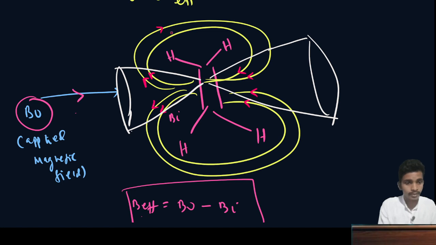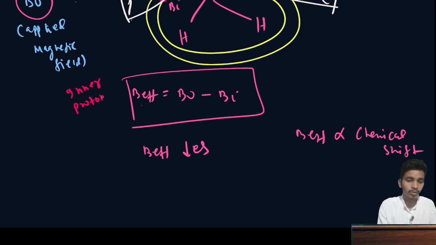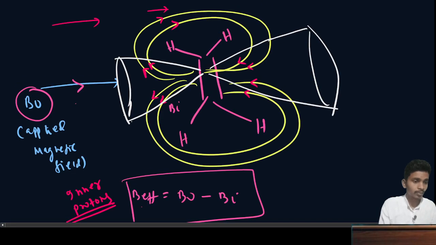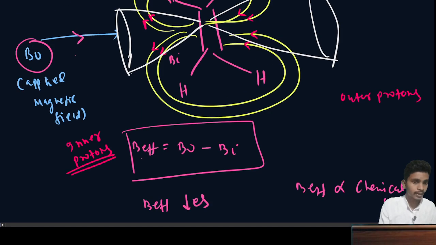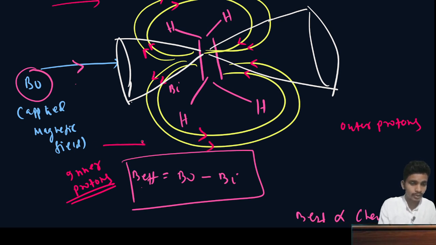Outside the cone, B induced and the applied field go in the same direction. This is for inner protons, or protons inside the cone. For outer protons, we see that this and this are in the same direction.